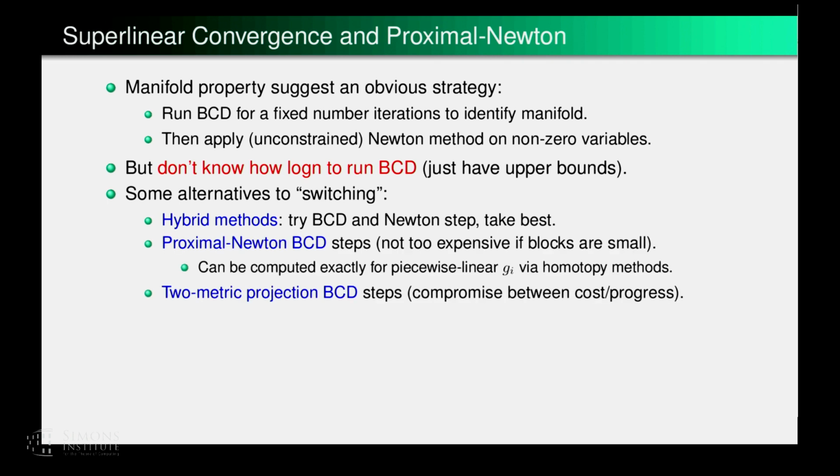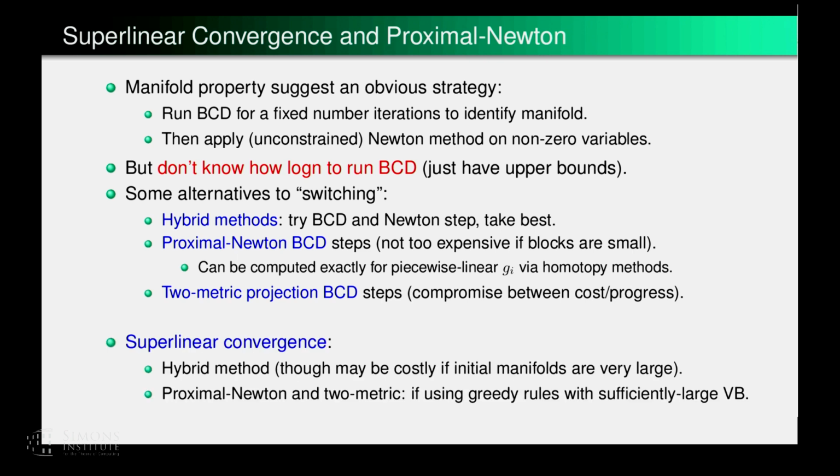Another thing you could do is the Proximal-Newton version of block coordinate descent, which is not too expensive if the blocks are small. And if you have a piecewise linear g_i, you can use homotopy methods to compute that pretty quickly. There's also something called two-metric projection methods, which is some sort of nice compromise between cost and progress of the iterations. If you use the hybrid method, you can actually get your superlinear convergence.